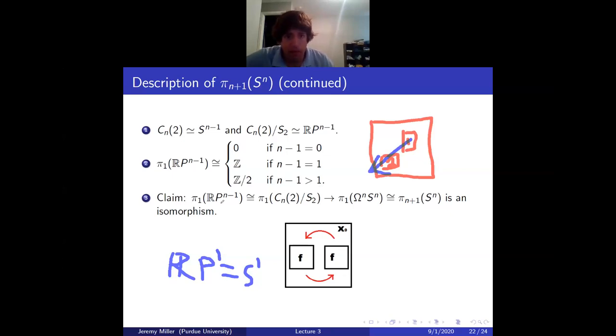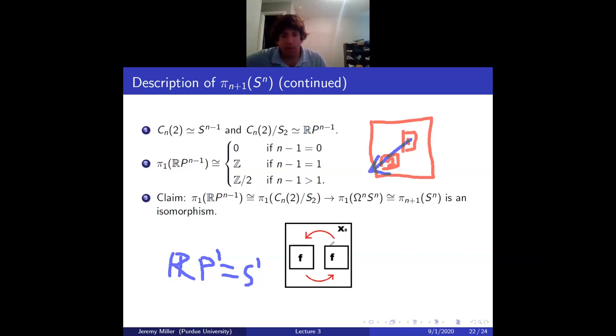So if you assemble all these isomorphisms and maps together, we get a map from pi 1 of RP^(n-1), into the space of cubes, into then the fundamental group of the loop space, into pi n plus 1 Sn. And then the claim is that this map is an isomorphism. And so it's exactly because the fundamental groups of RP^(n-1) eventually become Z mod 2, that the stable homotopy groups eventually become Z mod 2.